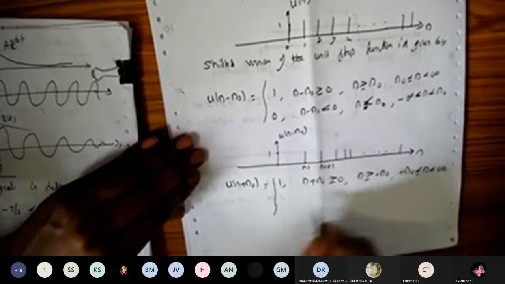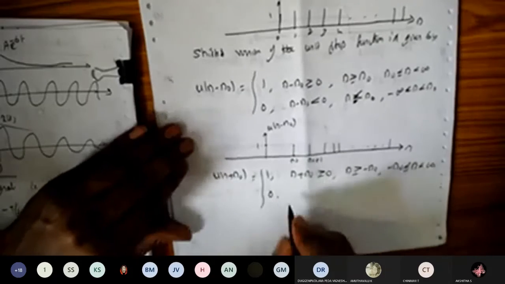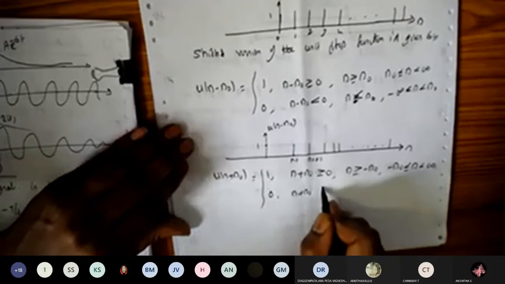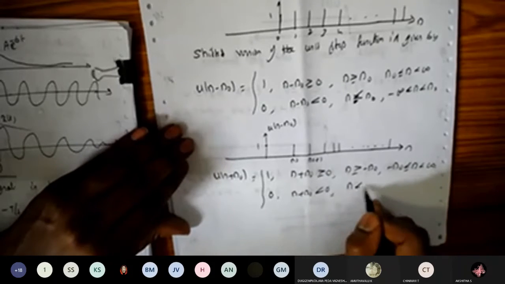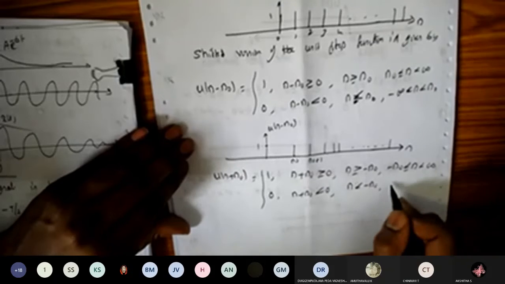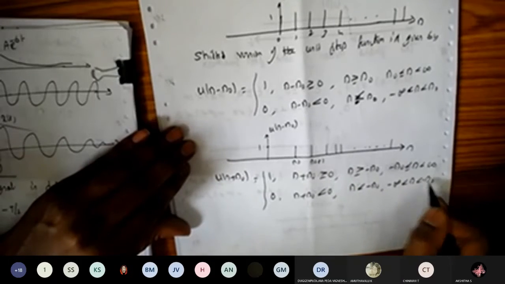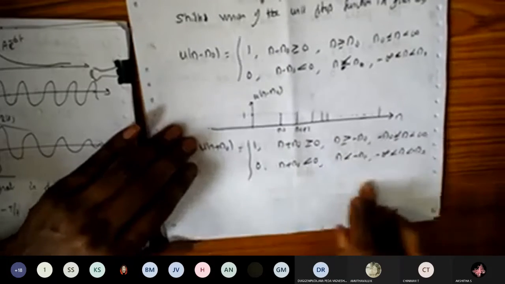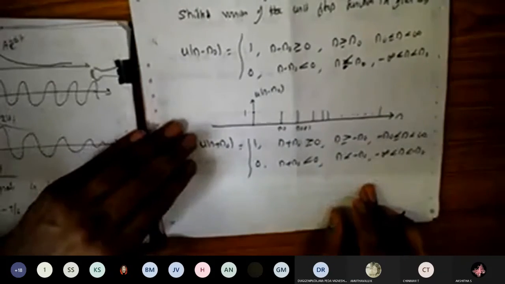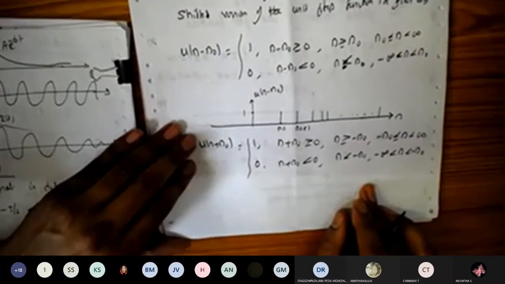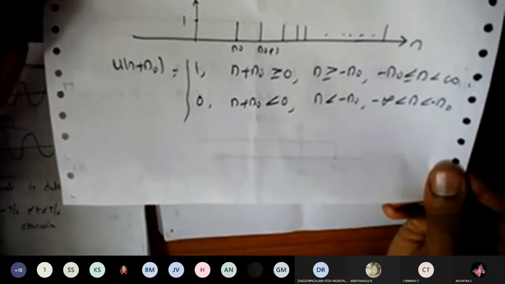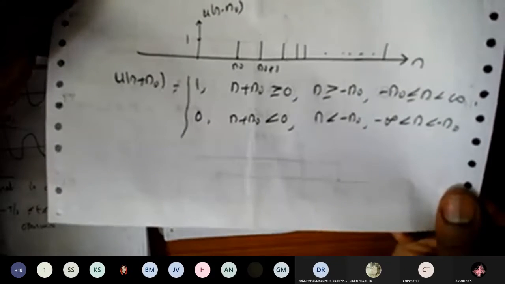It is having the value 1, and 0 for n plus n naught is less than 0, or n is less than minus n naught, or minus infinity is less than n is less than minus n naught here. So this is the left shifted version of the unit step function. We can define it here.